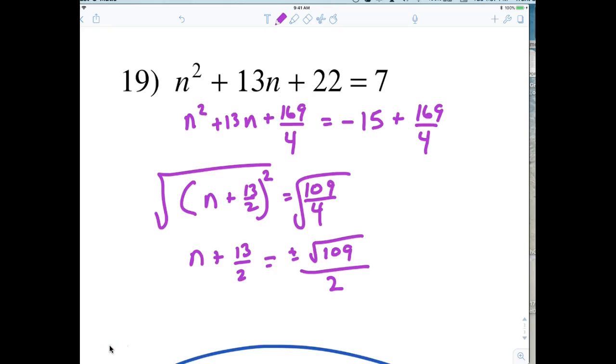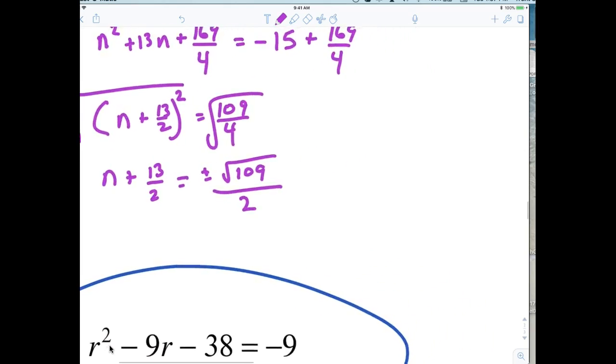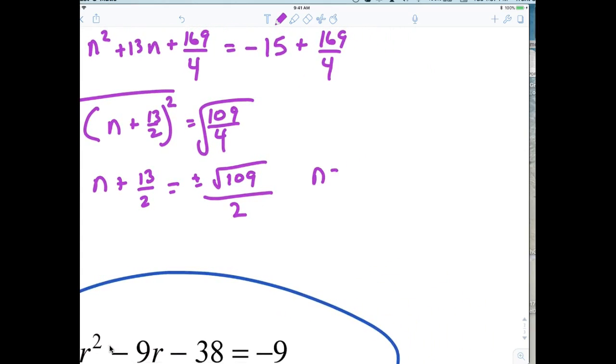Here we go, listen. How do I get half of 13? 13 over 2, right? If it doesn't go evenly, just leave it as a fraction. Now your final answer then you would say is n is equal to negative 13 plus or minus the square root of 109 all over 2.